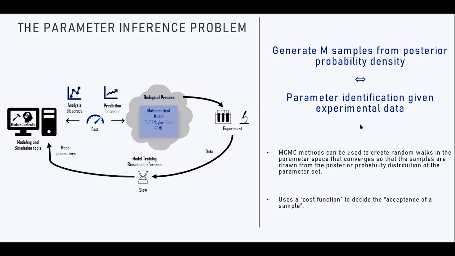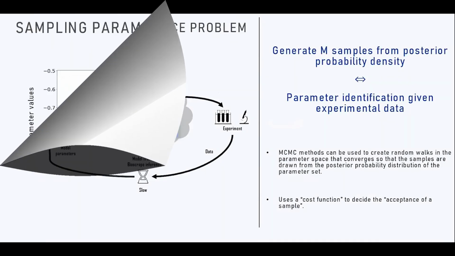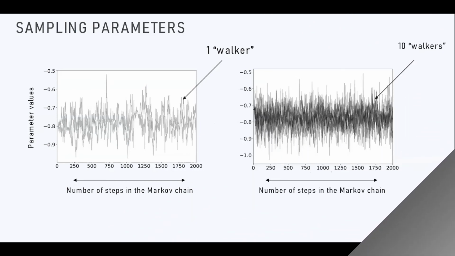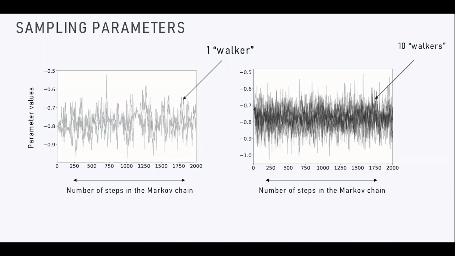So let's jump into how this might look when we implement it. Every MCMC sampler that we implement for our parameters can be thought of as a random walk, although it's not really random as we saw, but it can be thought of as a walker, which walks around in the parameter space.